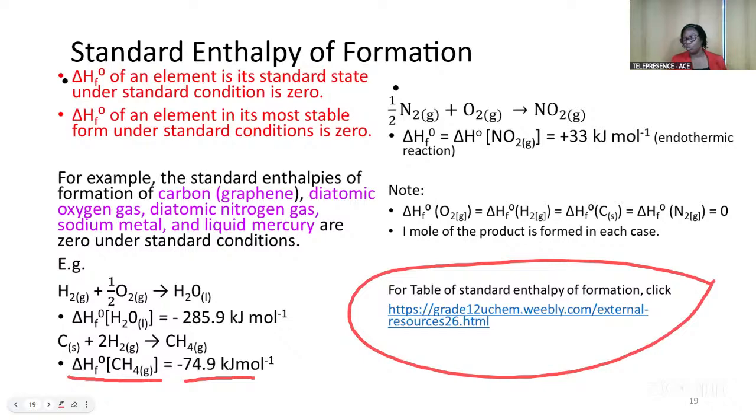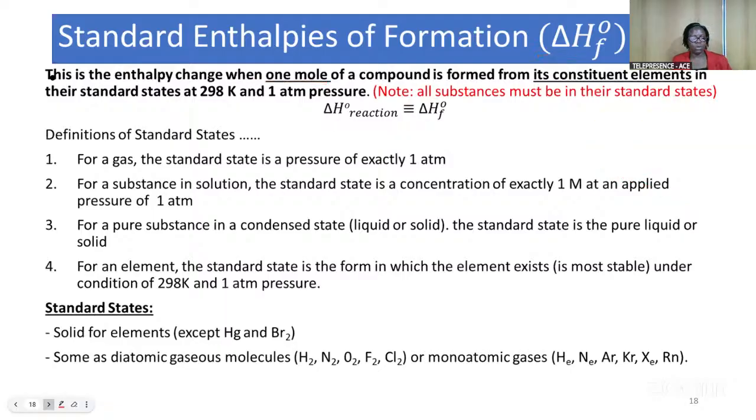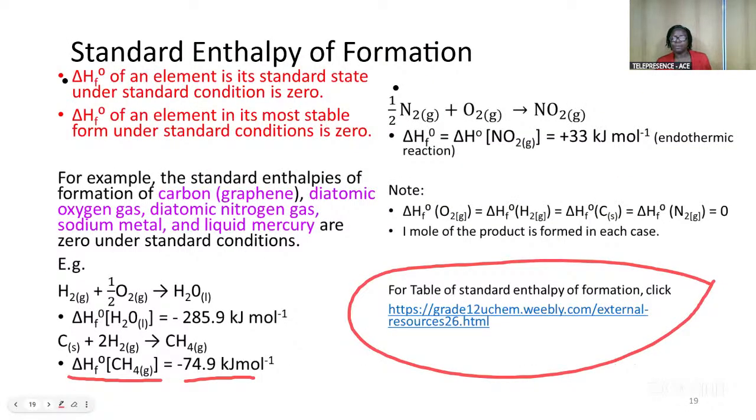The enthalpy of formation of CH4 gas is minus 74.9 kilojoule per mole. One thing you must not forget, and I'll take you back to that initial slide, is that 1 mole of the compound is formed from its constituent elements in standard states. If you look at all the examples, we have the product as 1 mole.